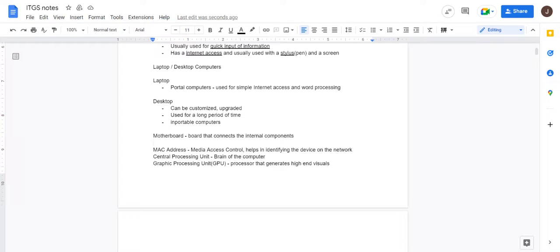And then the next thing is the central processing unit. This is the brain of the computer. It is the one that does the processing. Okay, it's the CPU. CPU is the brain of the computer.